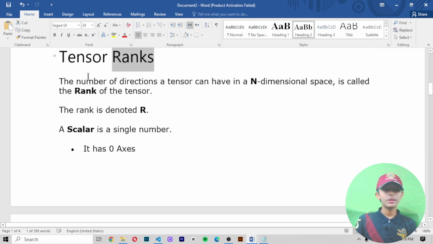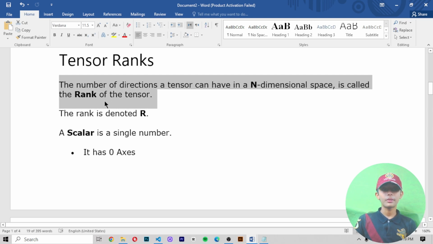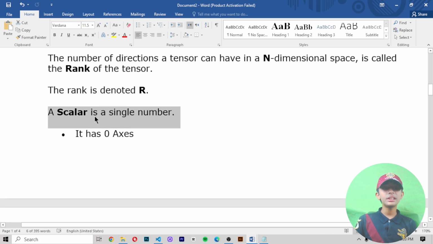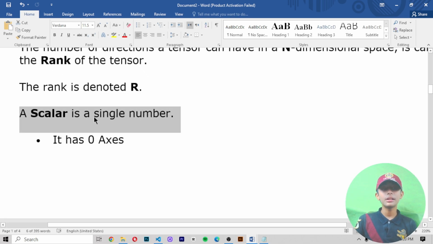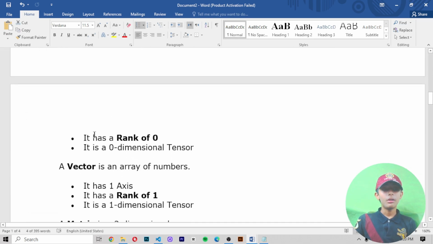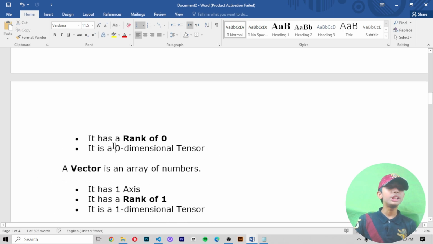Tensor ranks. The number of directions a tensor can have in n-dimensional space is called the rank of the tensor. The rank is denoted R. A scalar is a single number. It has 0 axes, a rank of 0, and it is a zero-dimensional tensor.